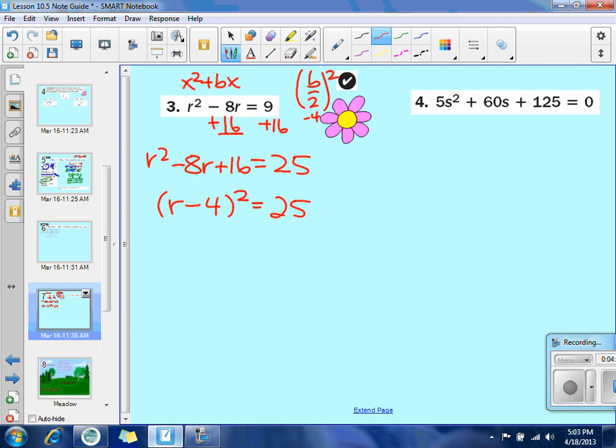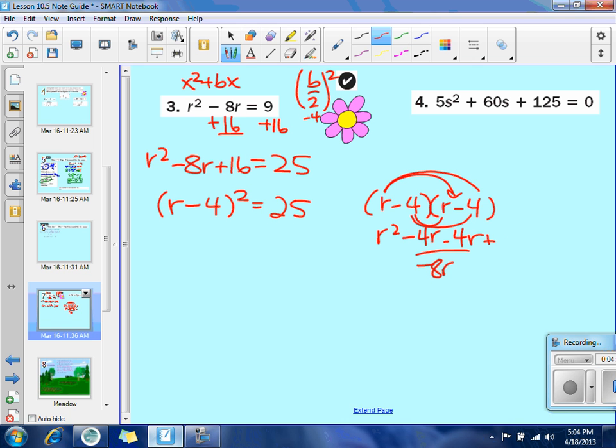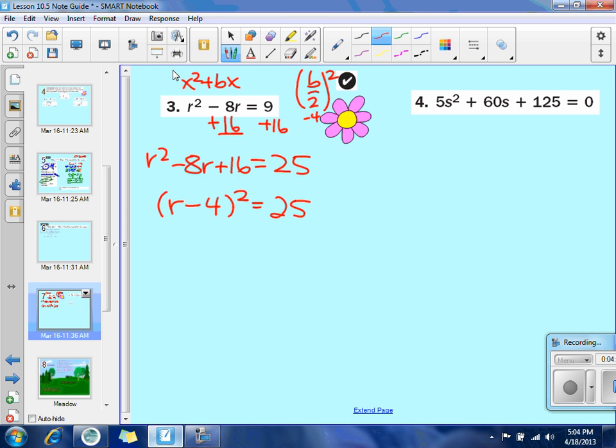If you actually multiply out r minus 4 squared, that's r squared minus 4r minus 4r. Hey, that's -8r plus 16. r squared minus 8r plus 16. This is our perfect square trinomial.